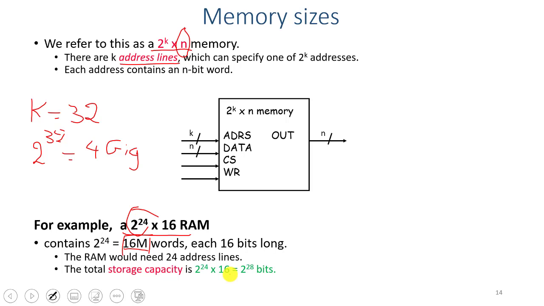So in total, I will have 24 address lines. The total storage will be 2 to the power 24 multiplied by 2 to the power 4, which is 16, which will equal 2 to the power 28.